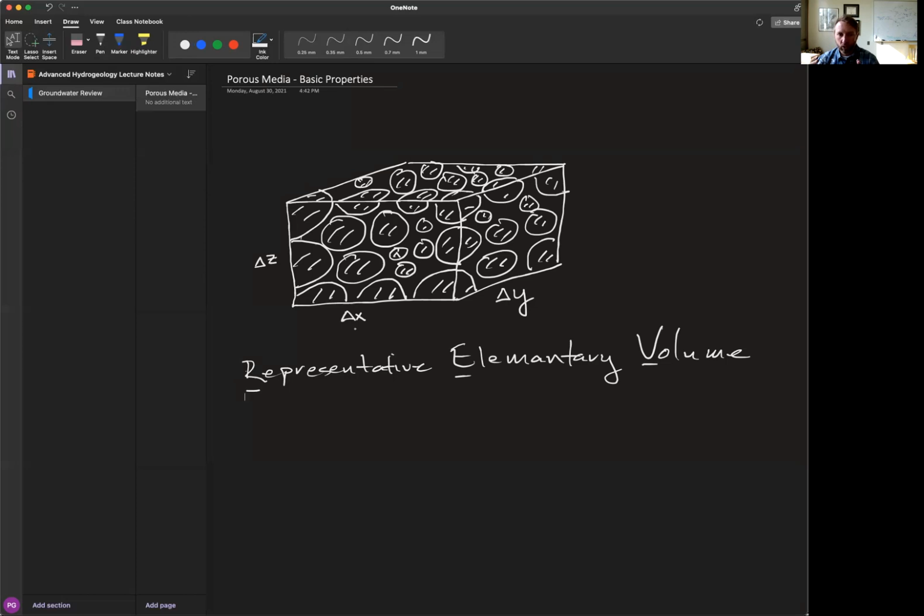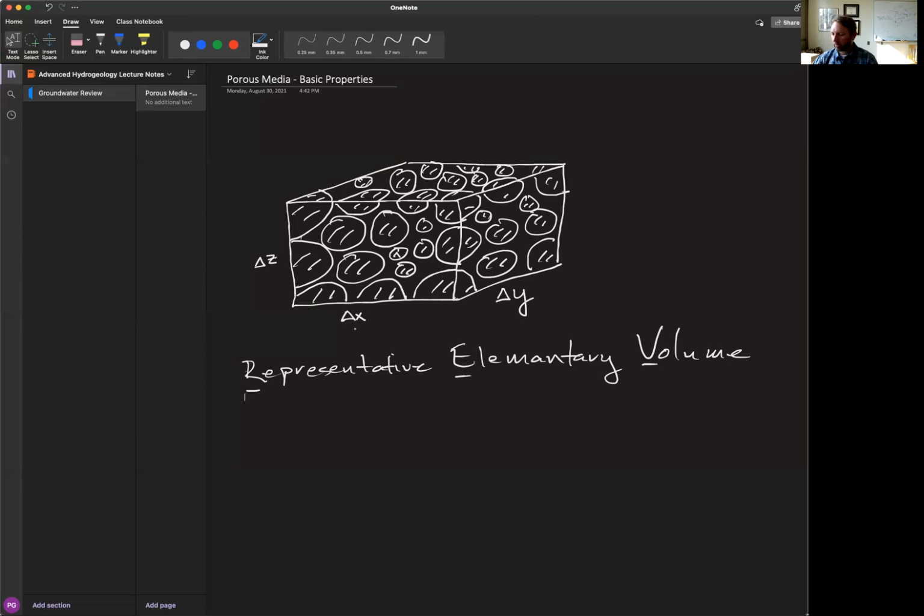And there's no one size that is a hard definition of an REV. It's just where the property that we're interested in becomes some kind of meaningful average, and then smoothly varies as we move from one place to another.